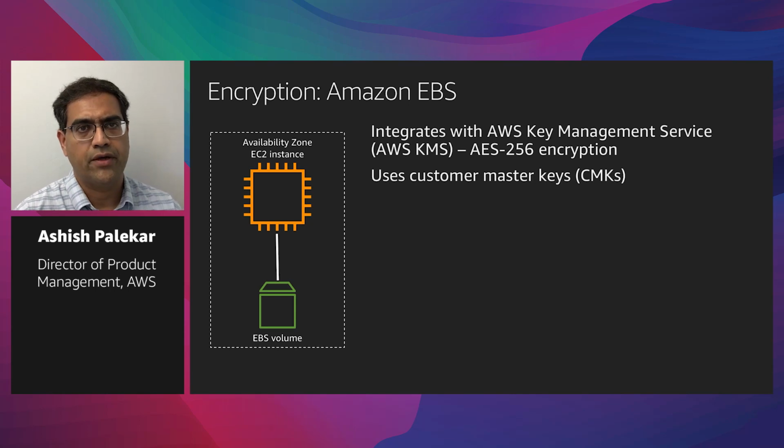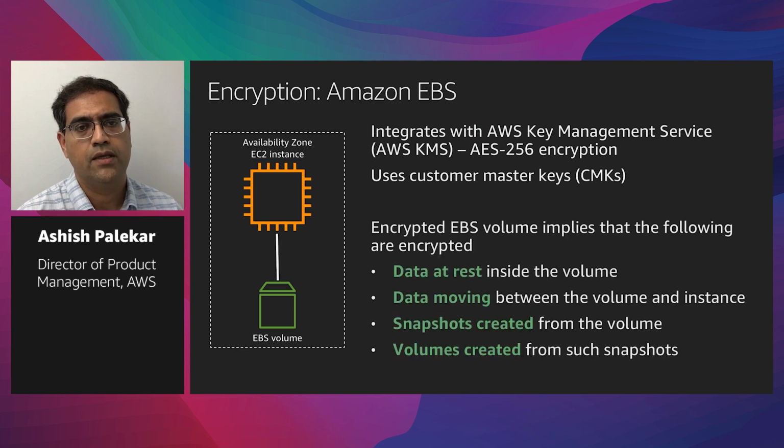Before we dive into the security improvements that we've made, let's talk a little bit about encryption. Now, EBS volumes are integrated with Amazon Key Management Service, KMS. We use an AES 256 encryption key, and you can use customer master keys, or CMKs.